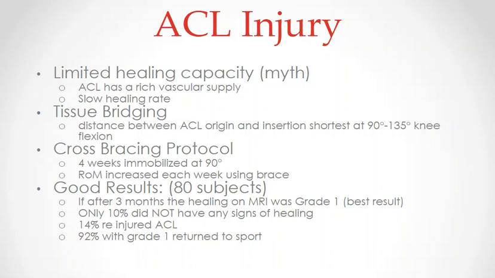So then people came up with this cross bracing protocol, which the paper is from Australia. They keep the participants immobilized for 4 weeks at 90 degrees because that's the best option to get those ends of the ACL touching each other. And then they increase the range of motion each week using the brace to kind of start the mobility process.